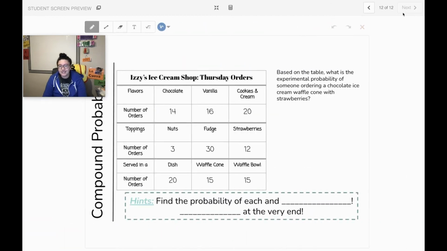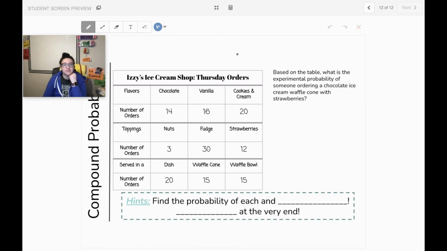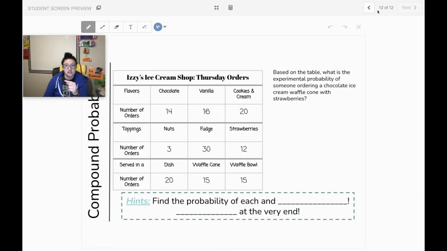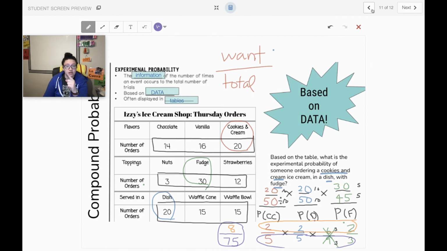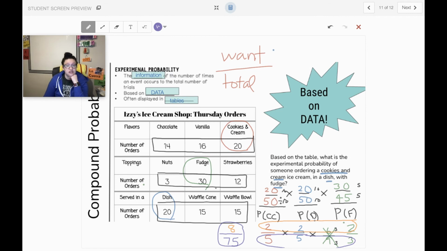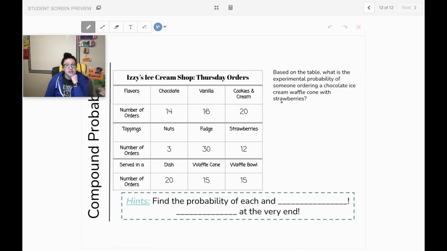So I've got one for you guys to try on your own. It's the exact same table. 14, 16, 20, 3, 30, 12. So you don't have to worry about counting the totals again. The totals are going to stay the same. But this time I want you to try on your own.